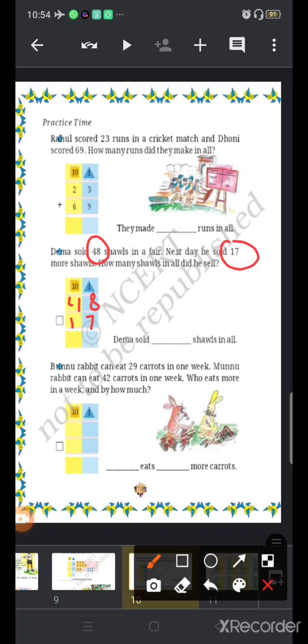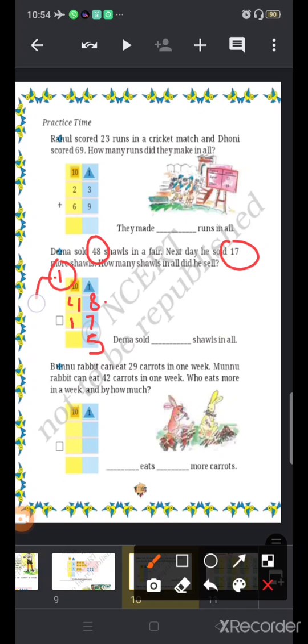So start counting after 8. 9, 10, 11, 12, 13, 14, 15. You have counted 7 more. So how many fingers did we count? 7 more fingers. So what is our answer? Yes, 15. So what we'll write here? 5 will be written here in the place of ones, and 1 will go up for carry.